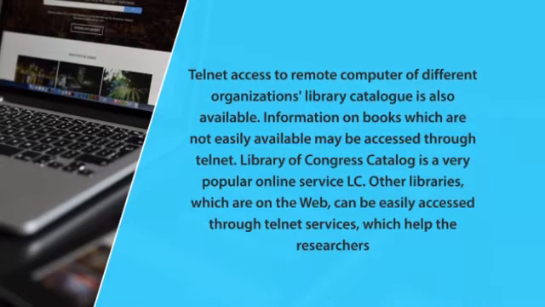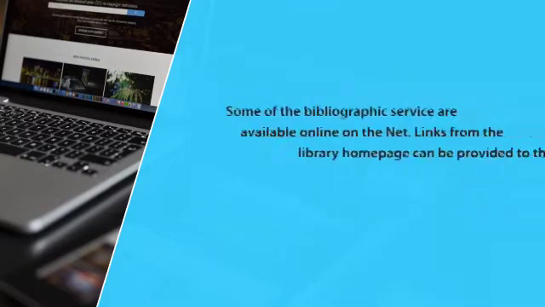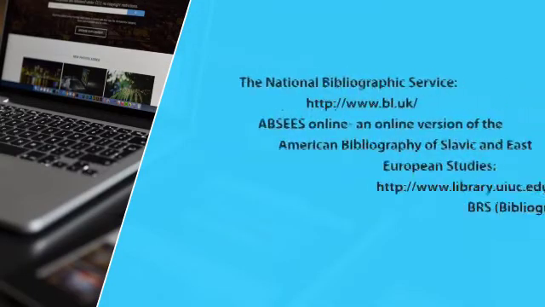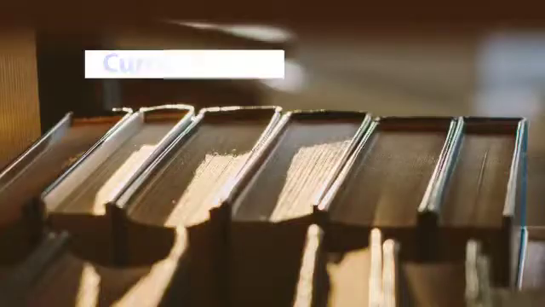The Library of Congress catalog is a very popular online service that we come across. Some of the examples, like bibliographic surveys, Abbey's Online and BRS Online, I have already talked about here. Current awareness service is where you provide current information to your users and stakeholders on a particular area or topic, which is always in demand.